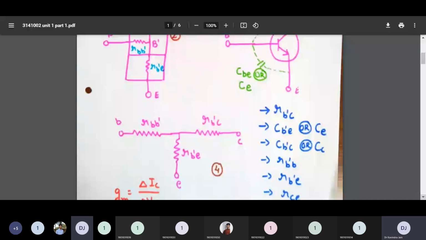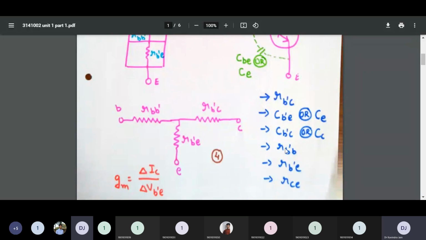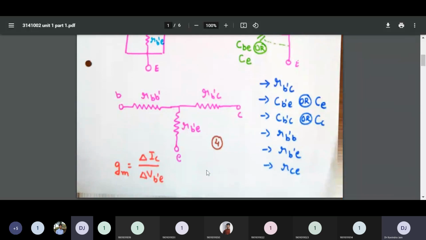So the resistance connected between the base emitter and collector junction in series, a virtual base B dash, for the junction capacitance to be connected instead of B, is known as R B dash E. Based on this, we also tried to find out what is R CE, that is the output resistance due to the early effect, and finally we came to the transconductance, which is known as gm.